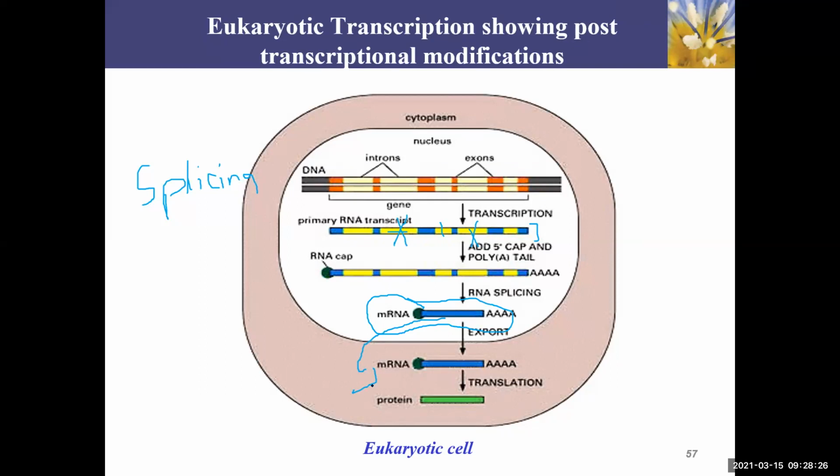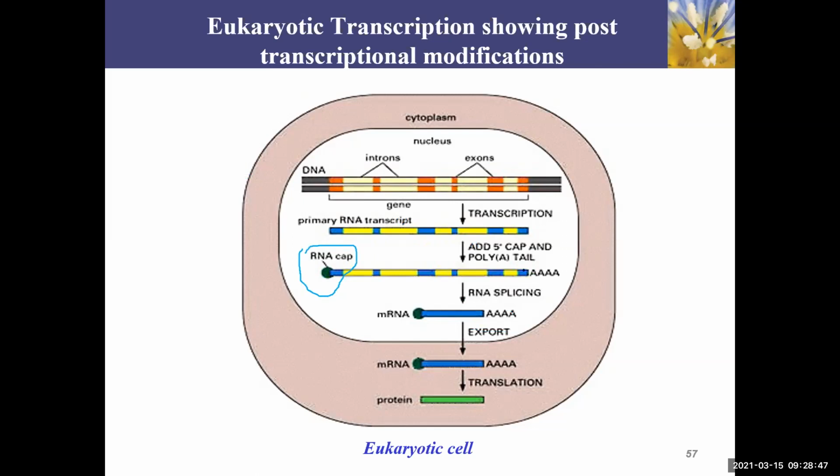Is it clear? If you see here, there are other things which also take place. There's something called an RNA cap that is added. We will discuss this in the next chapter. Before this initial pre-mRNA is sent to the cytoplasm, we add a cap to it on the 5' end.